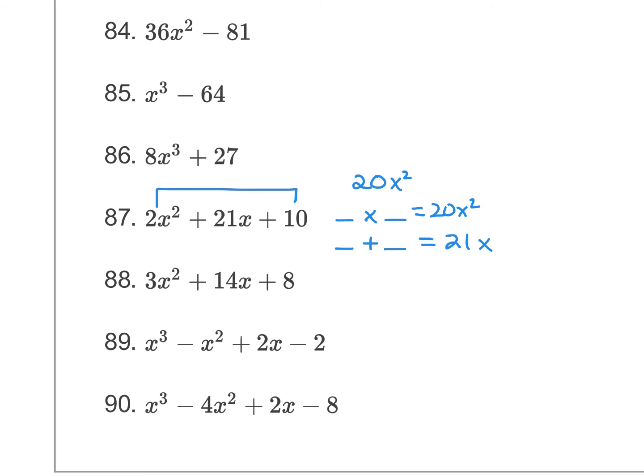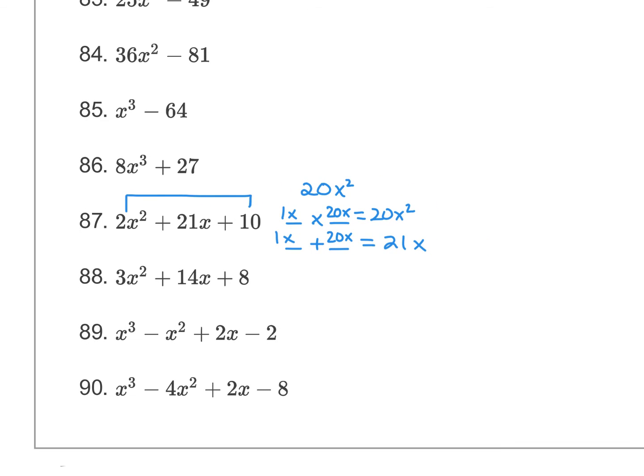Now, don't forget about the obvious. A lot of students forget about the 1 times the number. So this one is actually 1x times 20x, which will give me 1 times 20 is 20, but when I add it, I get the 21 that I need. So now I'm going to turn it into the 4-term polynomial. I'm going to keep this one and this one the same.